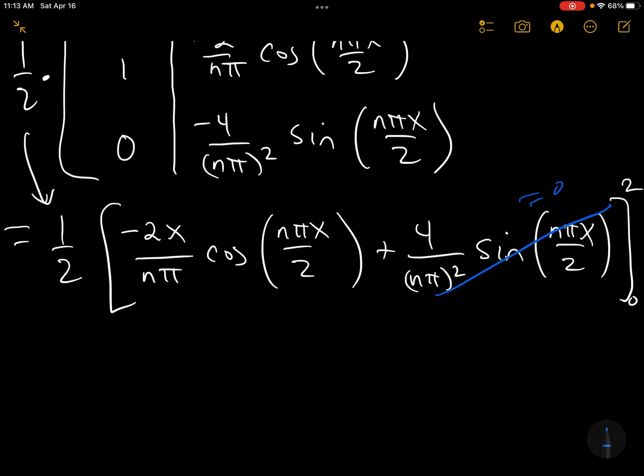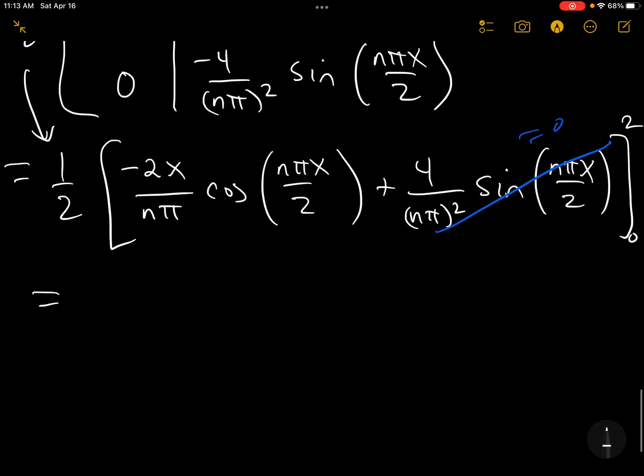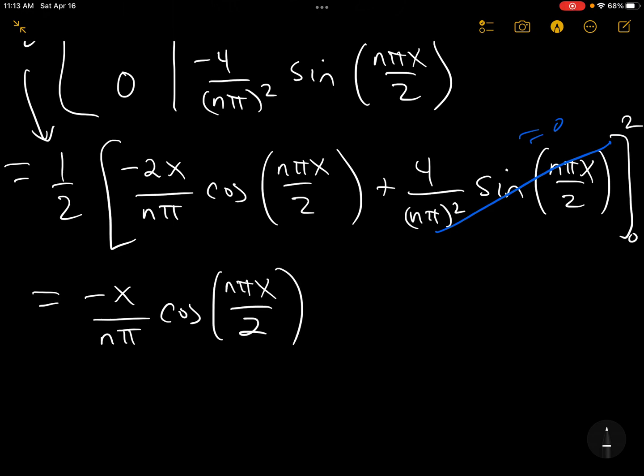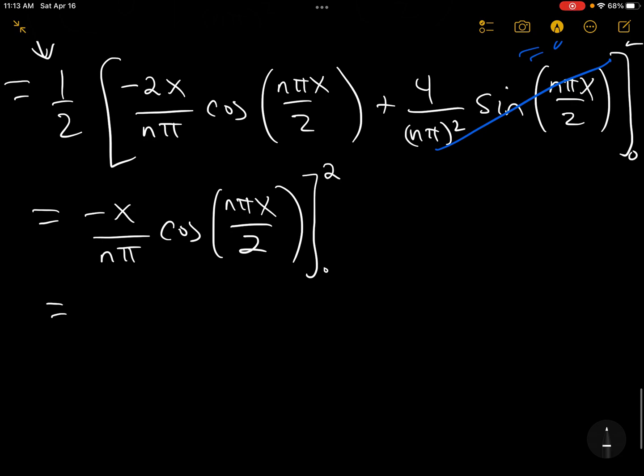If you plug in 2 and 0, the sine term becomes 0. And then over here, the 2's cancel. So I have minus x over n pi cosine n pi x over 2 evaluated from 0 to 2. Remember, when you plug in 0, you get 0, so all we pick up is the 2 term. So it's minus 2 over n pi cosine of n pi.